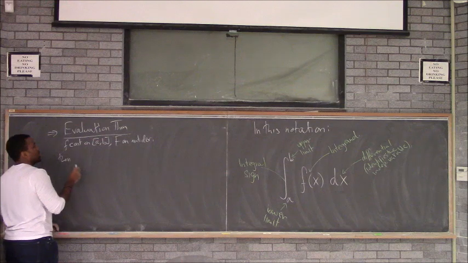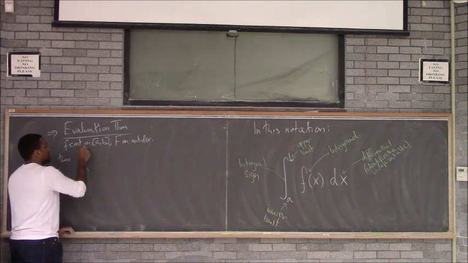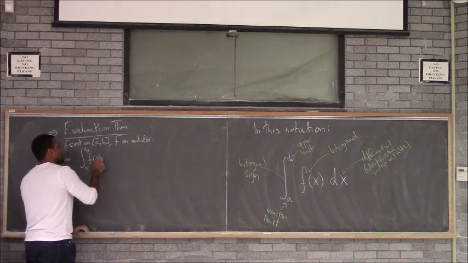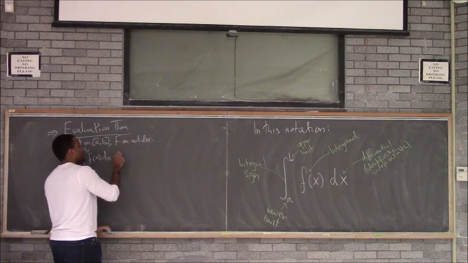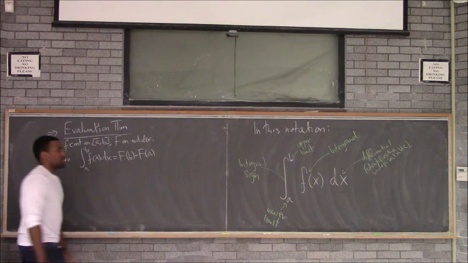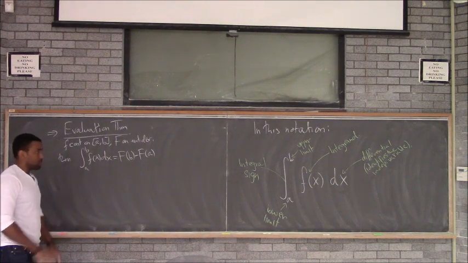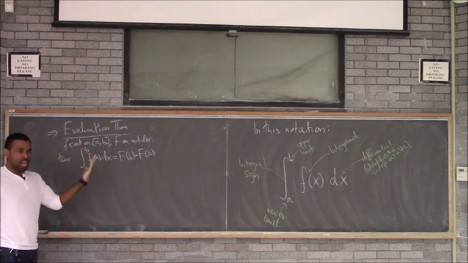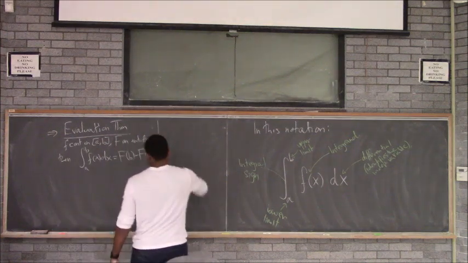Then it turns out that the integral from a to b of f of x dx is going to be big F of b minus big F of a. That's called the evaluation theorem. So I'm just rewriting it with the nicer notation.